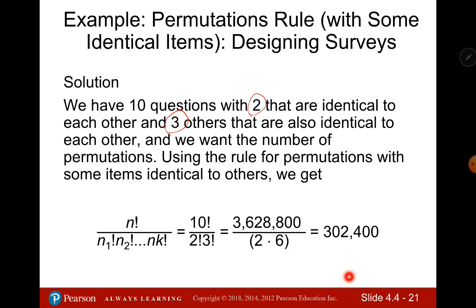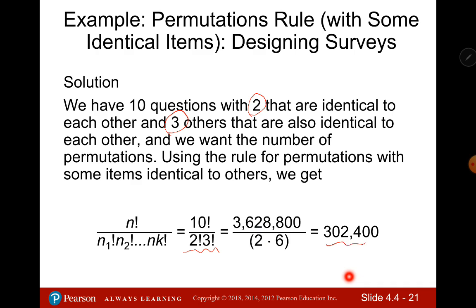So these are the numbers we're going to use: 2 factorial, 3 factorial. Make sure you don't drop the factorial symbol. It's not just 2 times 3, it's 2 factorial times 3 factorial. 2 factorial is just 2 times 1, so we get 2. And 3 factorial is 3 times 2 times 1, so we get 6.